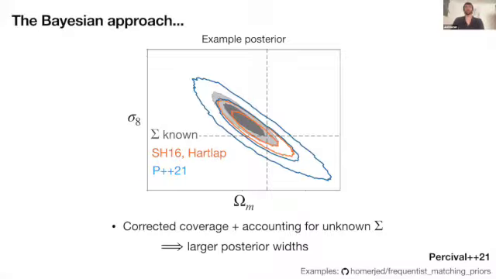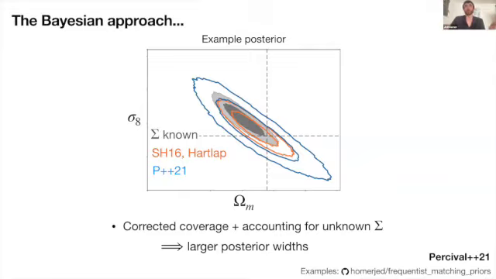What you're seeing here in this plot is the true posterior if you knew your data covariance, the Sellentin and Heavens correction with a Hartlap debiased precision matrix in this orange contour, and then finally this blue contour that expands due to the noise being accounted for in the data covariance. So it's accounted for in the posterior in a rigorous Bayesian treatment.